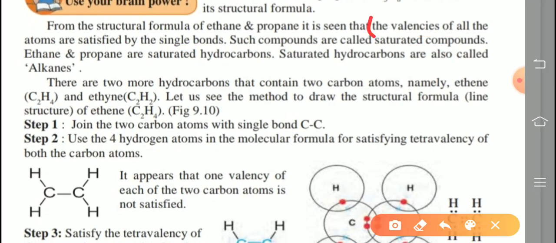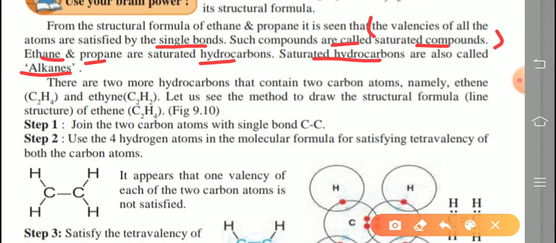The valencies of all the atoms satisfied by single bonds: these are called saturated compounds. Ethane and propane are the two examples. Remember, ethane and propane are examples of saturated hydrocarbons. Saturated hydrocarbons are also called alkanes.